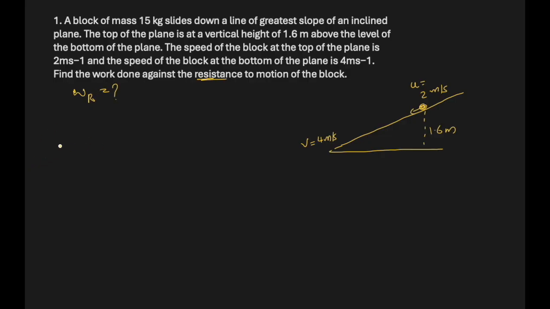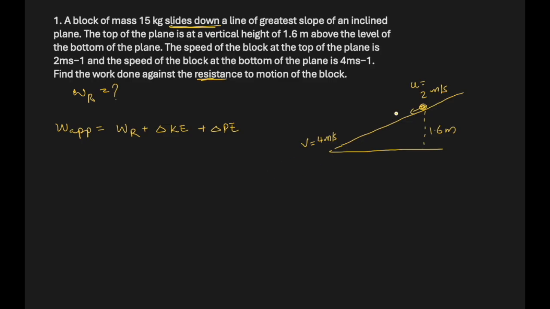We can use the energy formula here, which is that the work done by the applied force is the sum of the work done against the resisting force, the change in kinetic energy and the change in potential energy. Since the block is sliding down, nothing is continuously pushing it down.